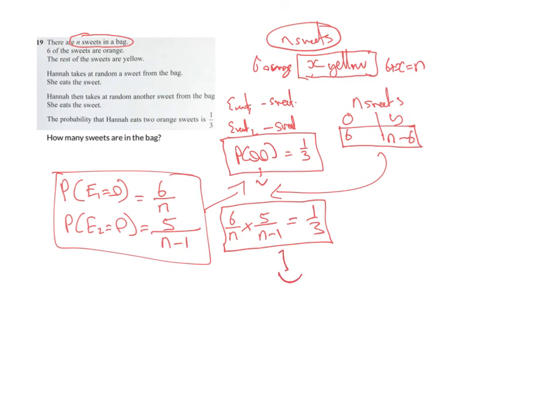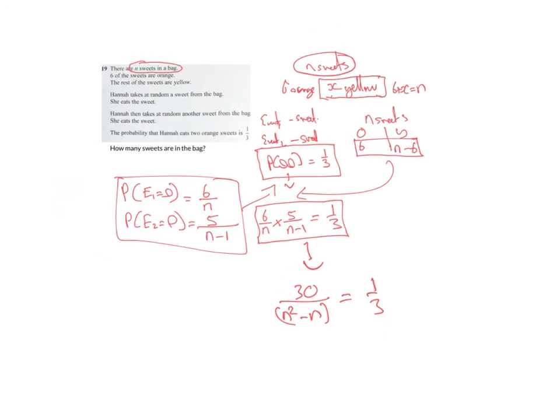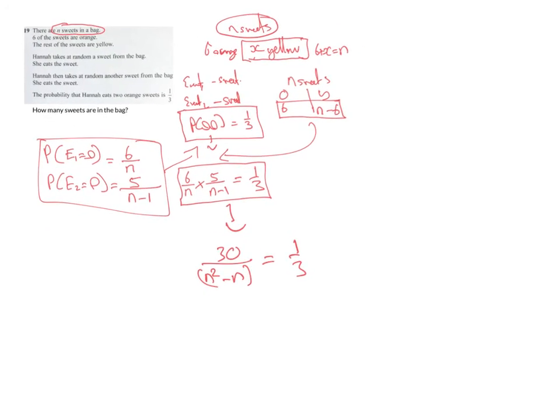Okay, so multiplying, can we simplify across the times sign? Well, no. We've got 6 and 5 as numerators, N and N minus 1 as denominators. So 6 times 5 is 30 over N squared minus N equals a third. If you recognise that, we've got A over B equals C over D, which means we can cross multiply.